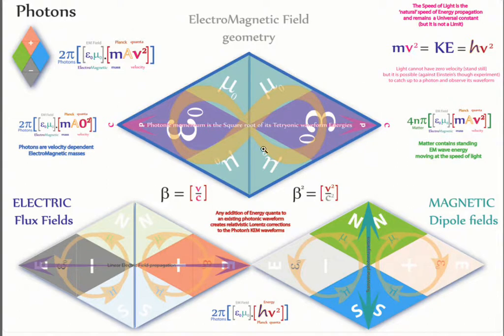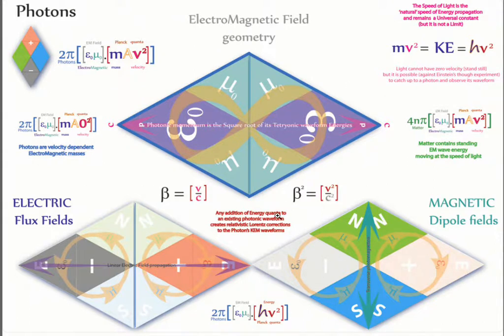And again, we can say that the mass velocity squared is equal to the Planck quanta squared. In this case, this is a measurement of one direction for the velocity, but there are two. It's a bidirectional field. This formula is only measuring the velocity in one direction. If you were to measure the other side, you would get the same measurement.